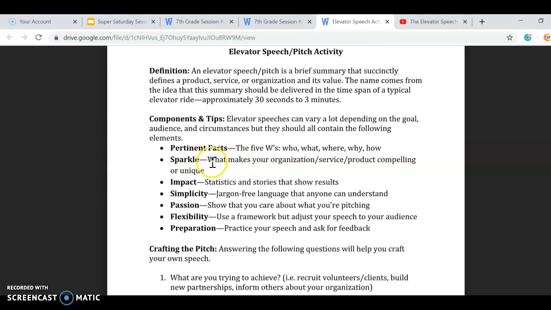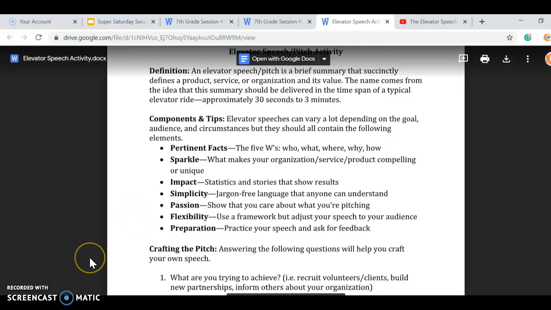Sparkle, make sure it's compelling, unique, an attention grabber, providing the impact, simplicity, passion, flexibility, preparation. So making sure that you can go into detail, which is providing them additional information. So being passionate, showing that you're really engaging into the actual product or organization or whatever you are portraying or marketing or persuading the audience in.